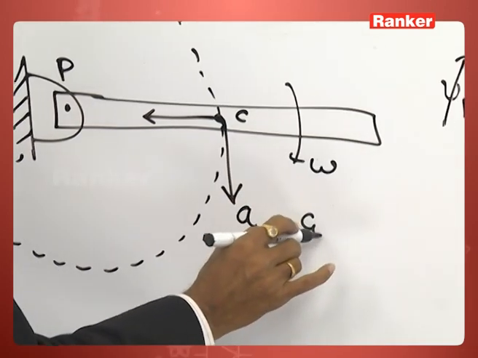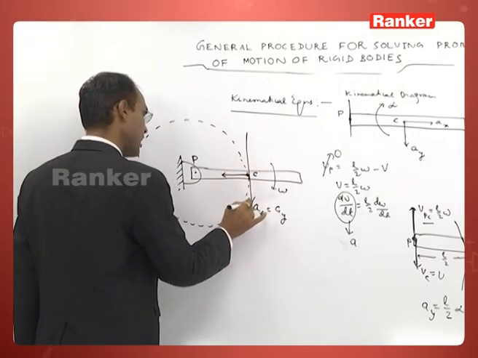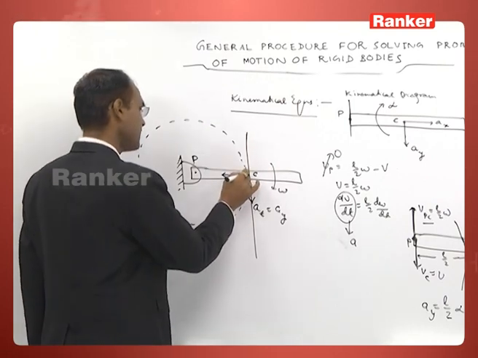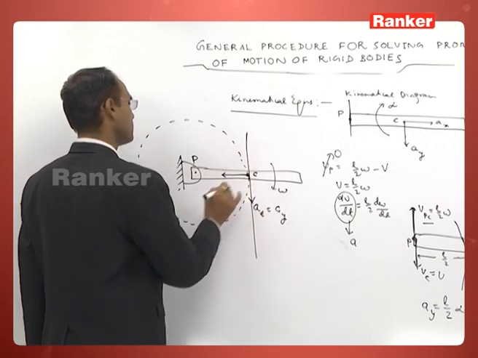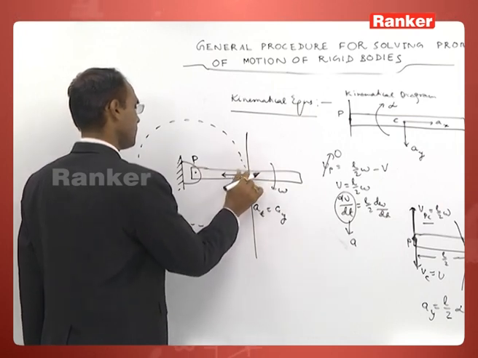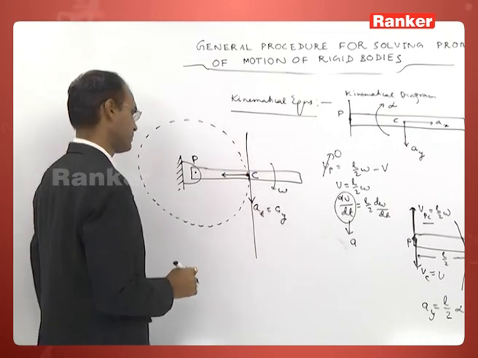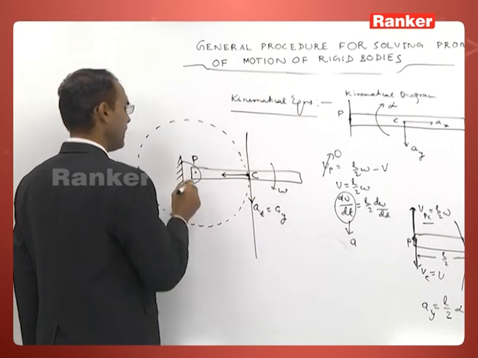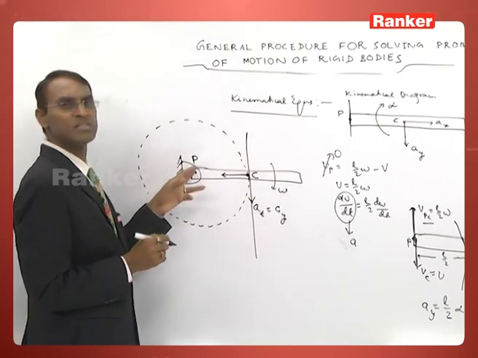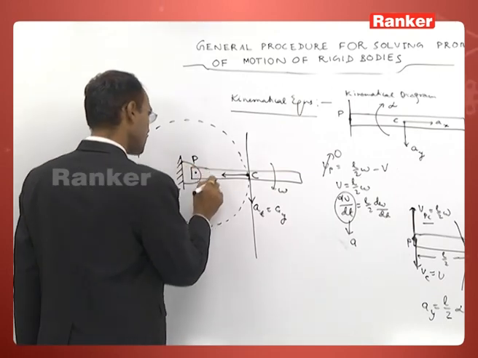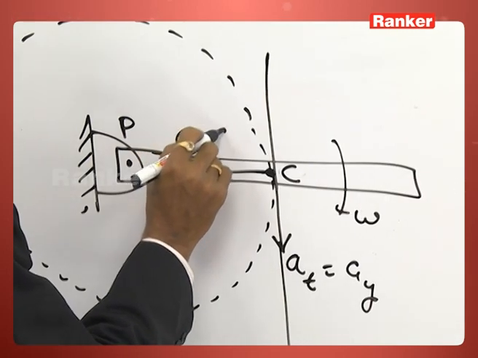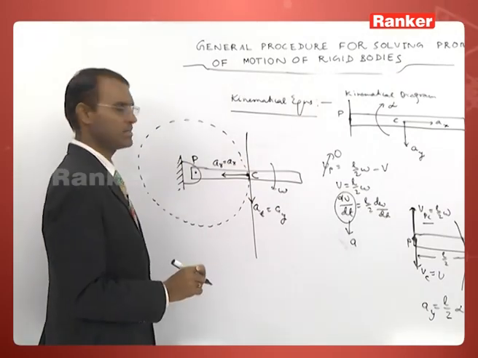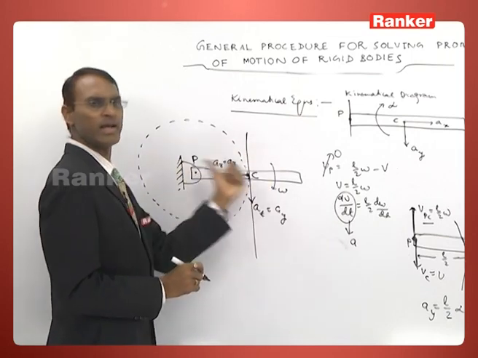In this case, we can call it AY because it is directed along the y axis, and the acceleration of the center of mass or midpoint of the rod directed towards the center of the circular path, that is the pivot, is called radial acceleration, or we can call it acceleration of the center of mass along x direction, and this is pointing along negative x direction.